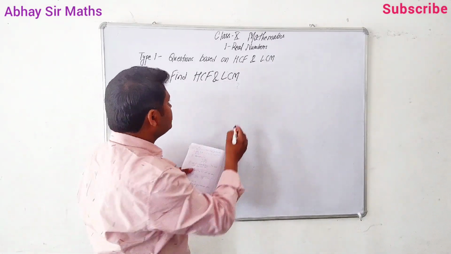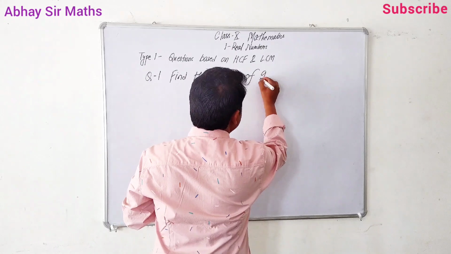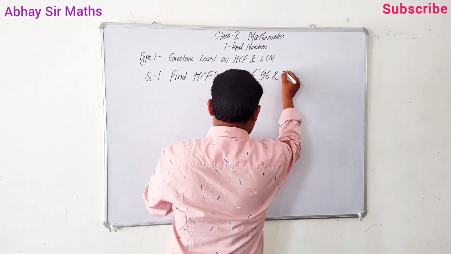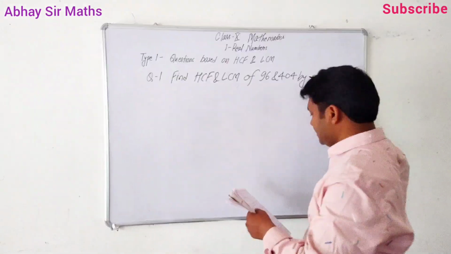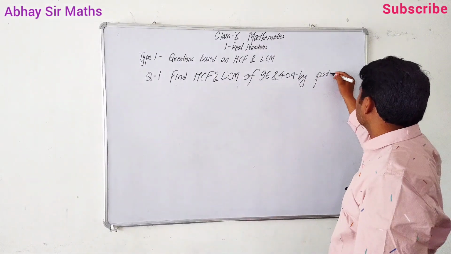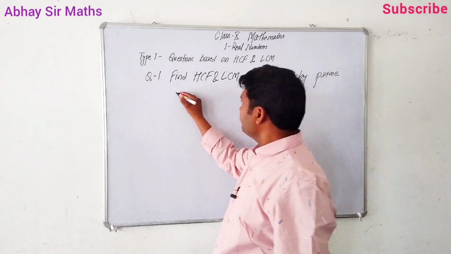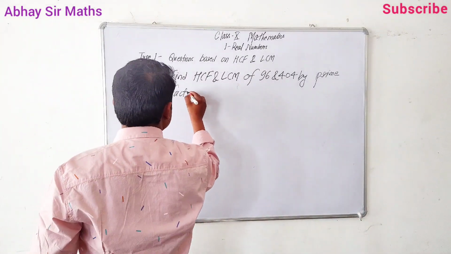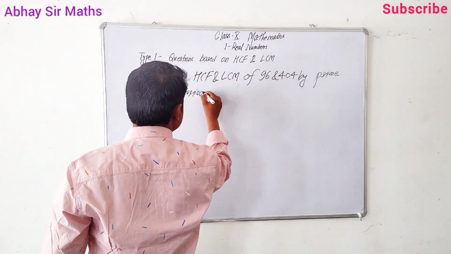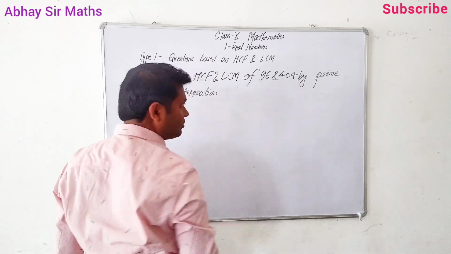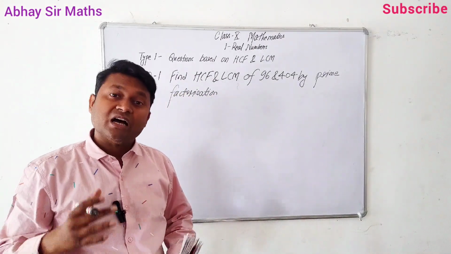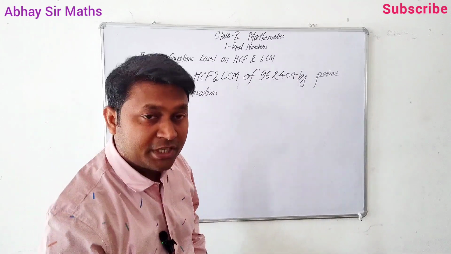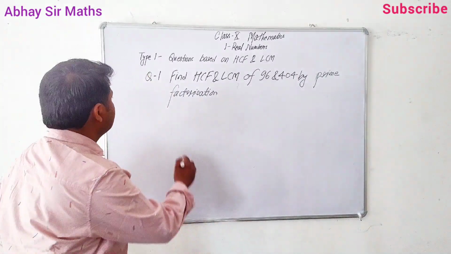Find HCF and LCM of 96 and 404 by prime factorization method. Okay, so this is the first type of question that may be asked in the examination. So let us see how to solve this question.